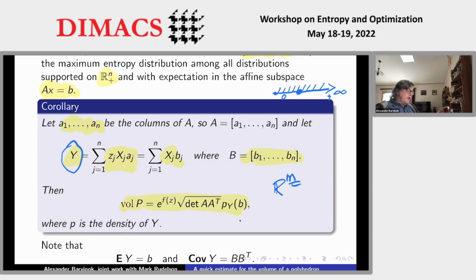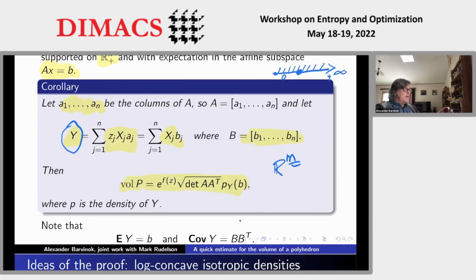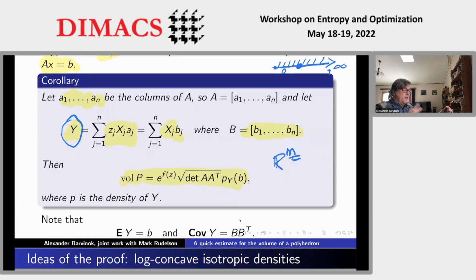Okay. One good thing about this random variable: although we have a very rough idea of what it may look like, we actually know quite a lot. First, the expectation of this random variable is that vector b.